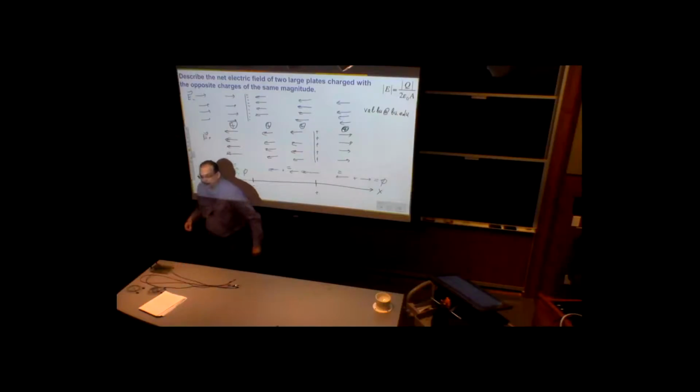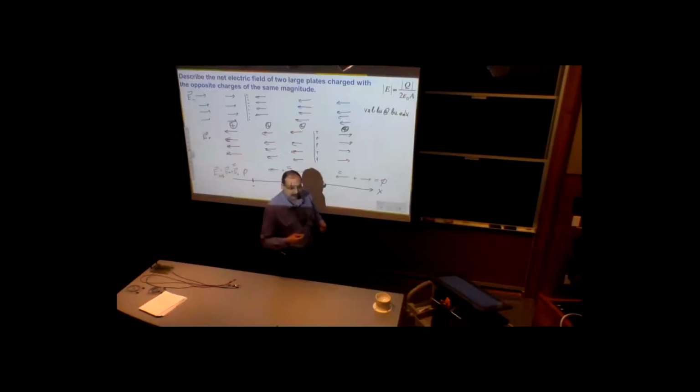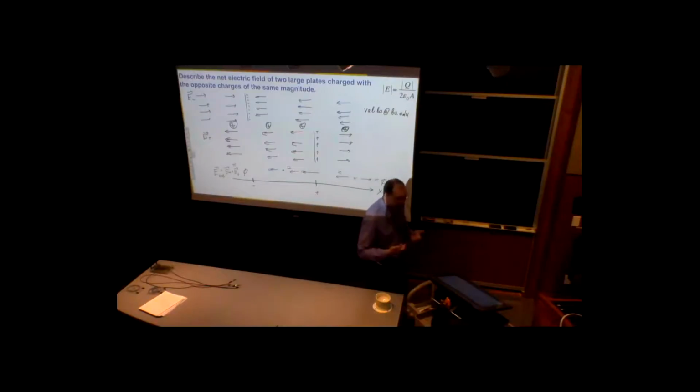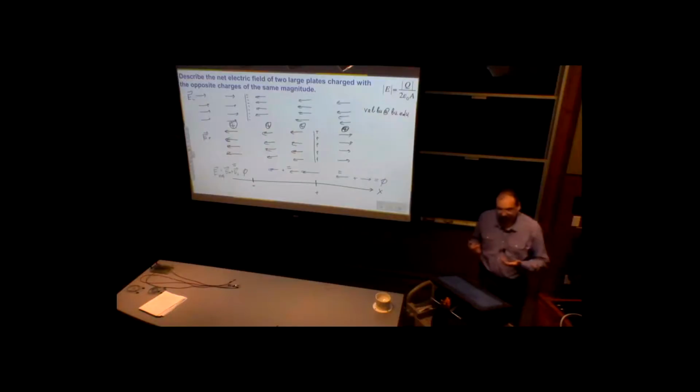And we charge them up with opposite charges, usually of the same magnitude. And in that situation, there is practically no electric field outside of that system. The whole electric field is condensed inside. And it's practically uniform, especially if we have large plates close to each other.